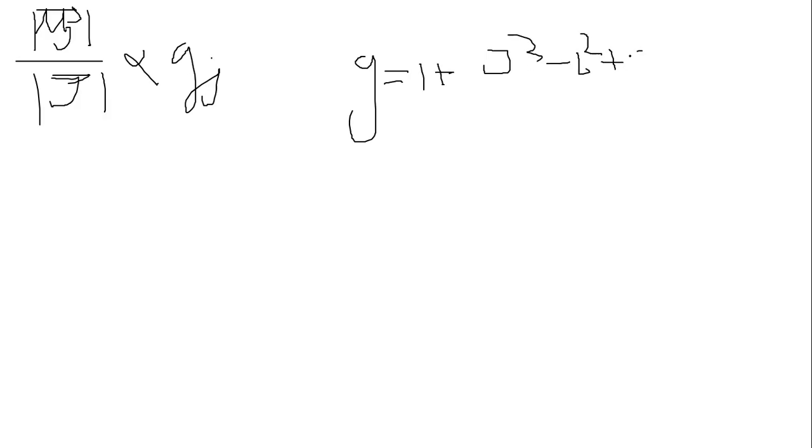It is directly proportional to gJ. So gJ is the Lande g factor, and the value of g, as discussed in the week lectures, is g equals 1 plus J squared minus L squared plus S squared divided by 2 J squared.